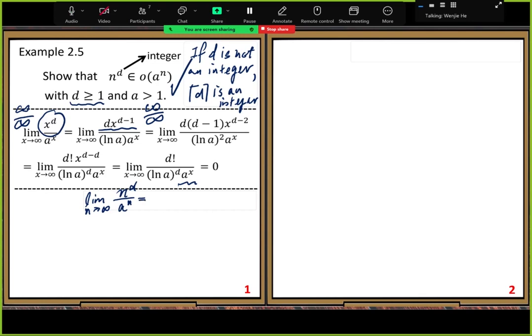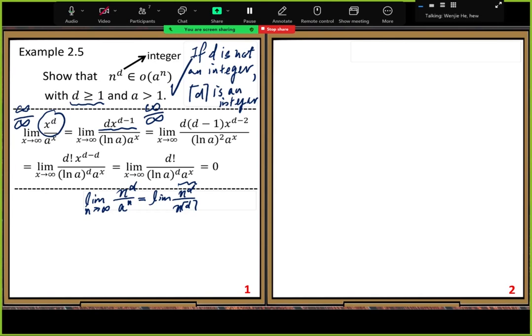All right. Now, I split this limit into two parts. The first part, limit of n to the d over n to the d ceiling function.